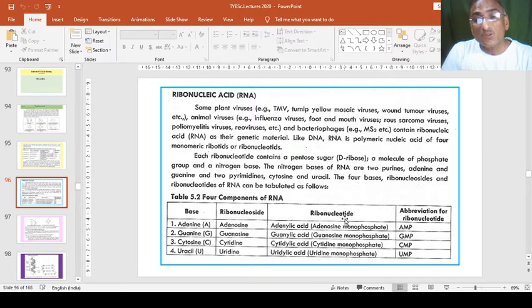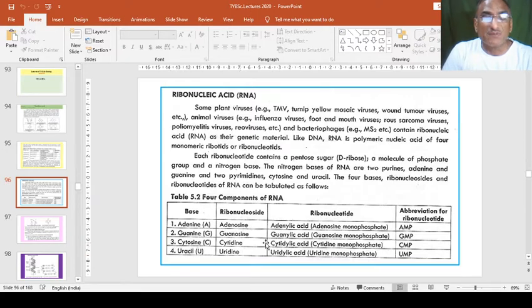So in ribonucleotides, what will happen to ribonucleosides? Only a phosphate is added. This is only adenosine. Here is adenosine monophosphate, guanosine monophosphate, cytosine monophosphate, and uridine monophosphate simply. But these are named adenylic acid, guanylic acid, cytidylic acid, and uridylic acid.